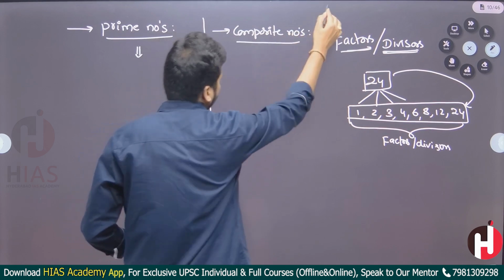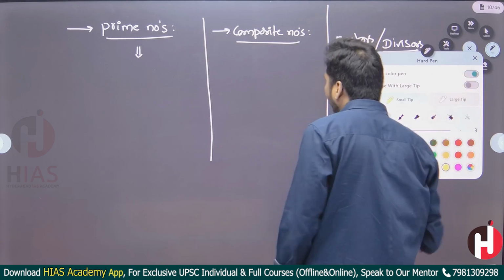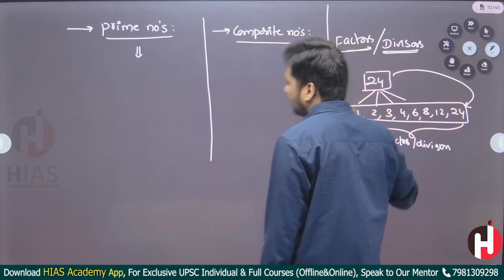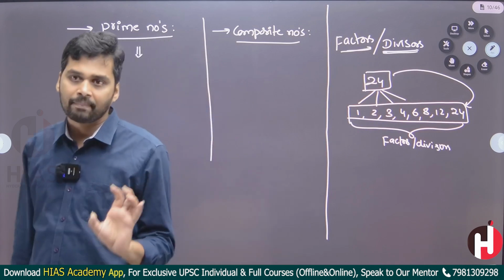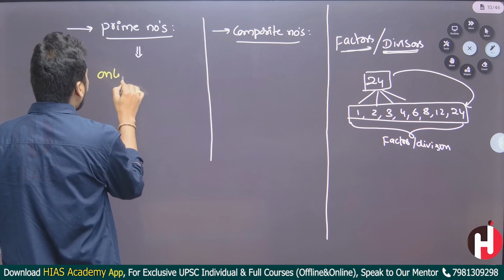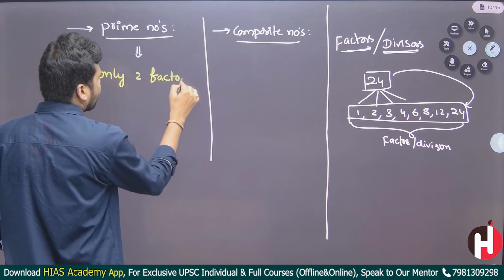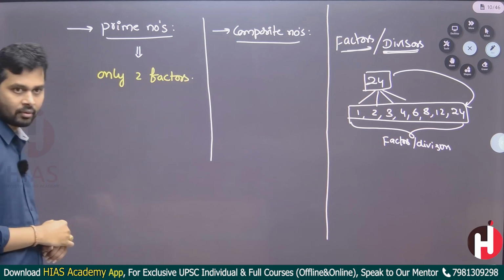Prime numbers and composite numbers. Prime number, in simple words, now you understand what is meant by factor. Prime number means any number that has only two factors, that is 1 and the number itself.